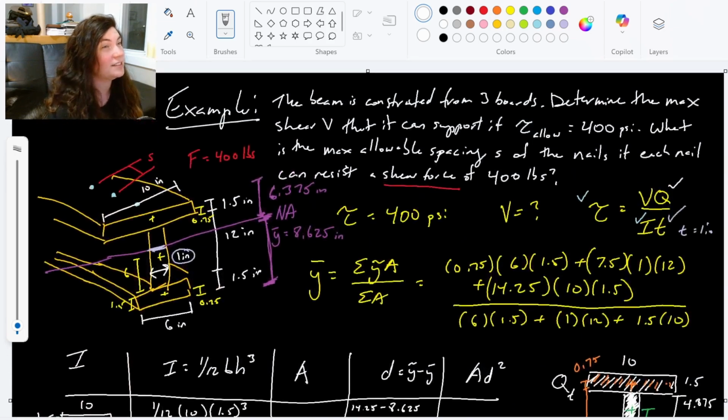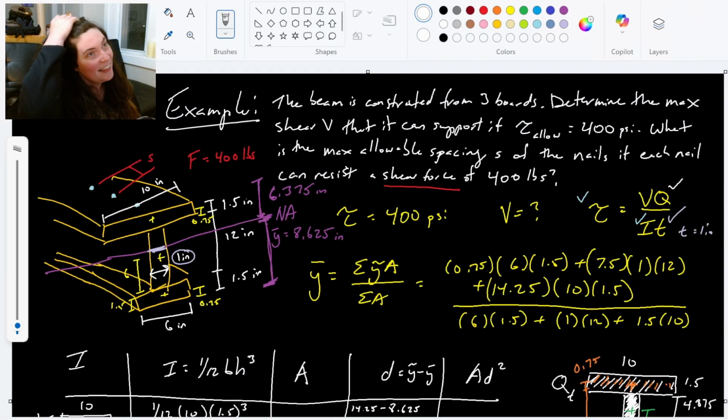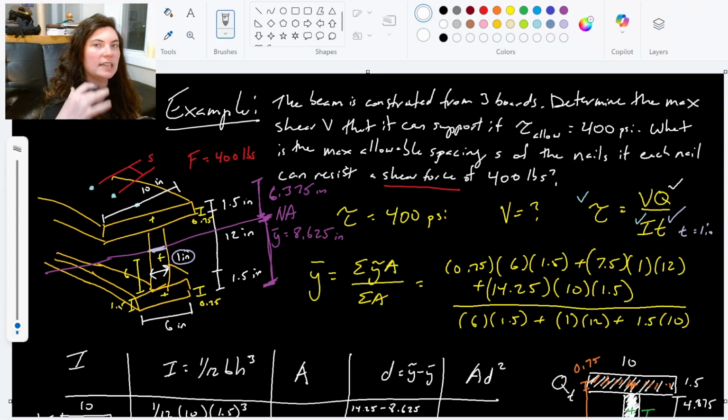So that was just the first part of this. In the second question, they ask what is the max allowable spacing S of the nails if each nail can resist a shear force of 400 pounds? Now this is asking an almost entirely separate question. We want to find that spacing, and in order to find the spacing, we need to do shear flow.